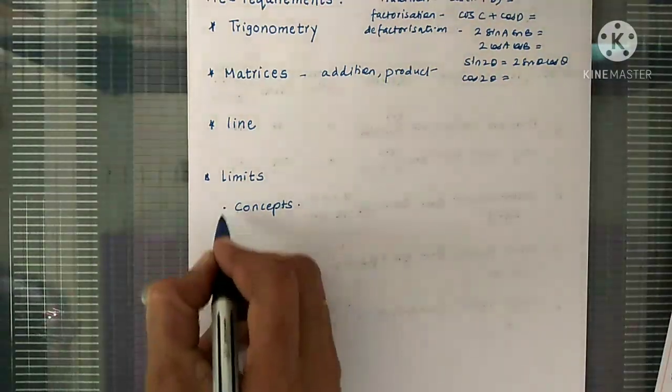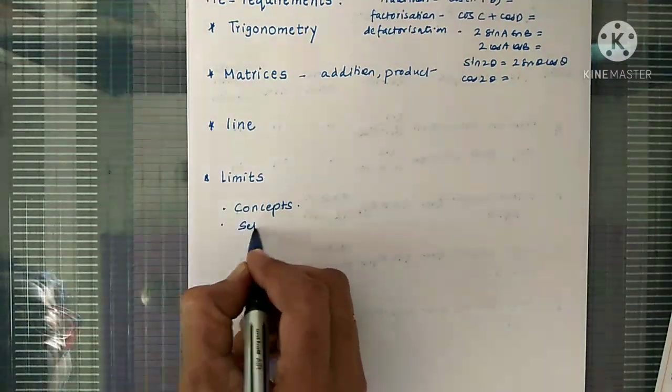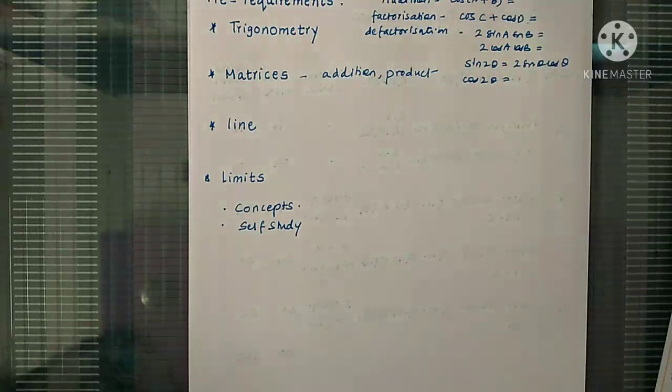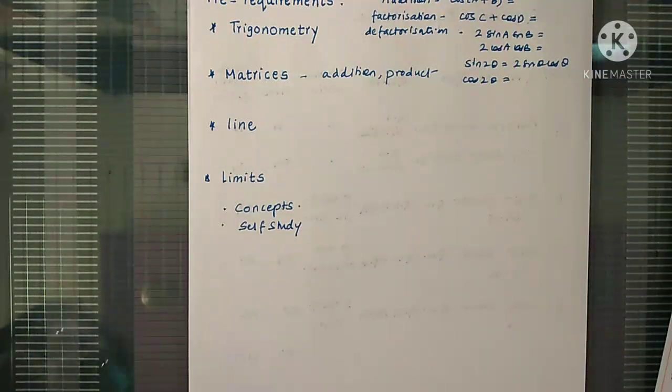The second one is self-study. And this is the requirement in every subject, or concepts also needed in every subject. So self-study is a very important thing. So first of all, understand the concept and practice daily.